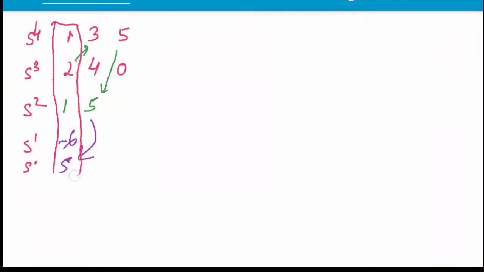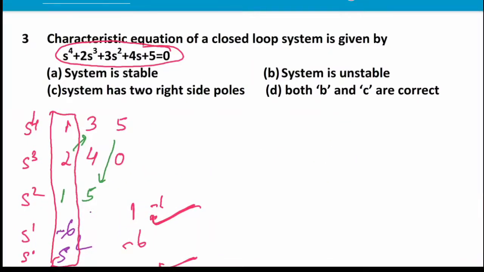the sign changes occur twice, that is from plus 1 to minus 6, first sign change, and then again plus 5, second sign change. So first thing is the system is unstable because sign change occurs in the first column of Routh table.